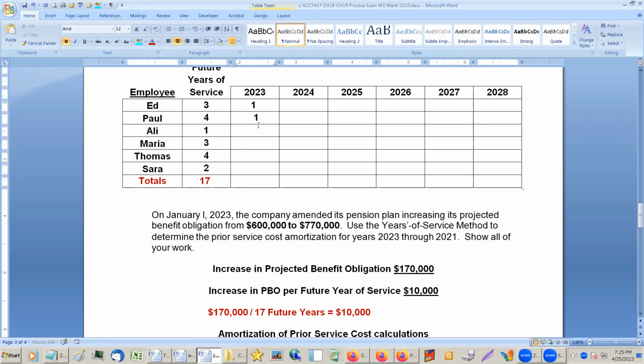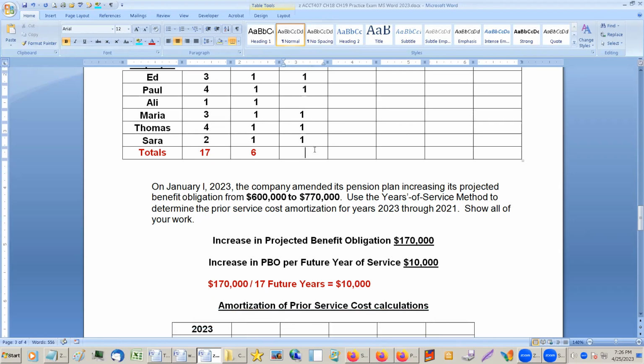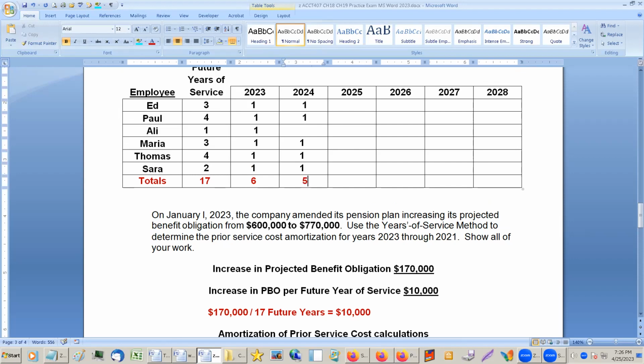2023, Ed's going to be there, Paul's going to be there, Ali's going to be there, Maria's going to be there, Tom's going to be there, and Sarah's going to be there. 2024, Ed's going to be there, Paul's going to be there, Ali retired, Maria's going to be there. Thomas is going to be there, Sarah is still there, although not for long. She's going to retire too.